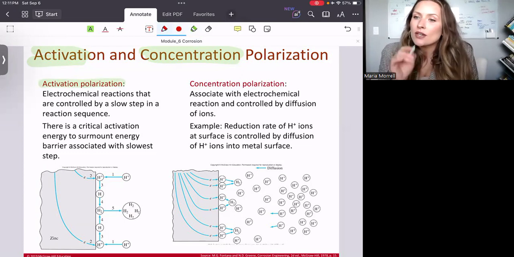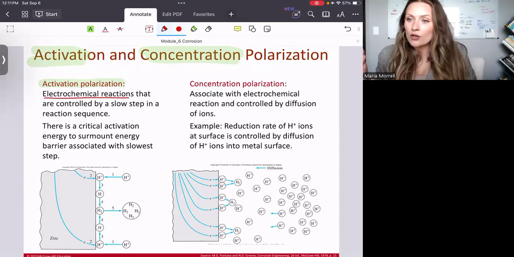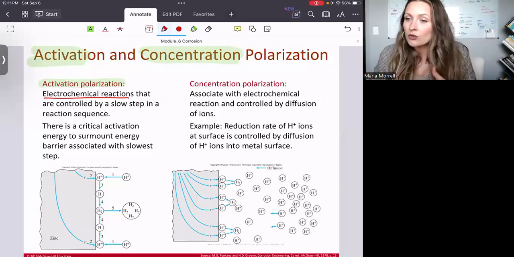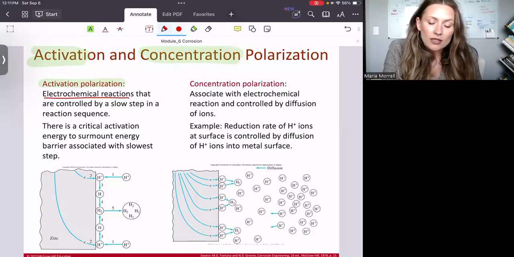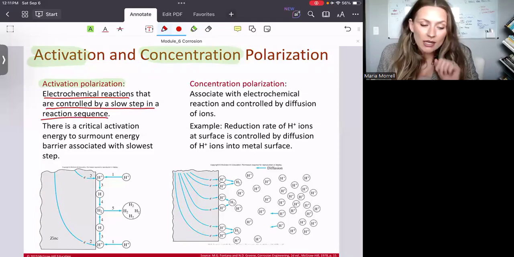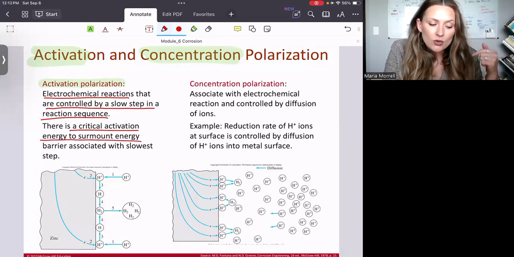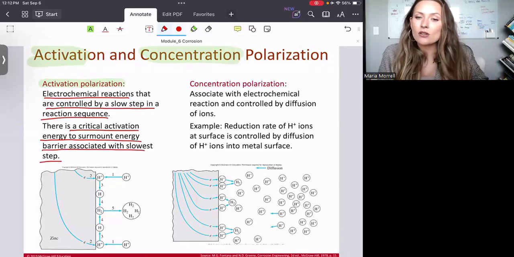So activation polarization. In this particular process, the electrochemical reactions, and I'm referring to the oxidation of metal and the reduction of another component, it could be hydrogen, right, or it could be also metal, are controlled by a slow step in the reaction sequence, meaning that there is a critical energy that is required to surmount the barrier associated with the slowest step.